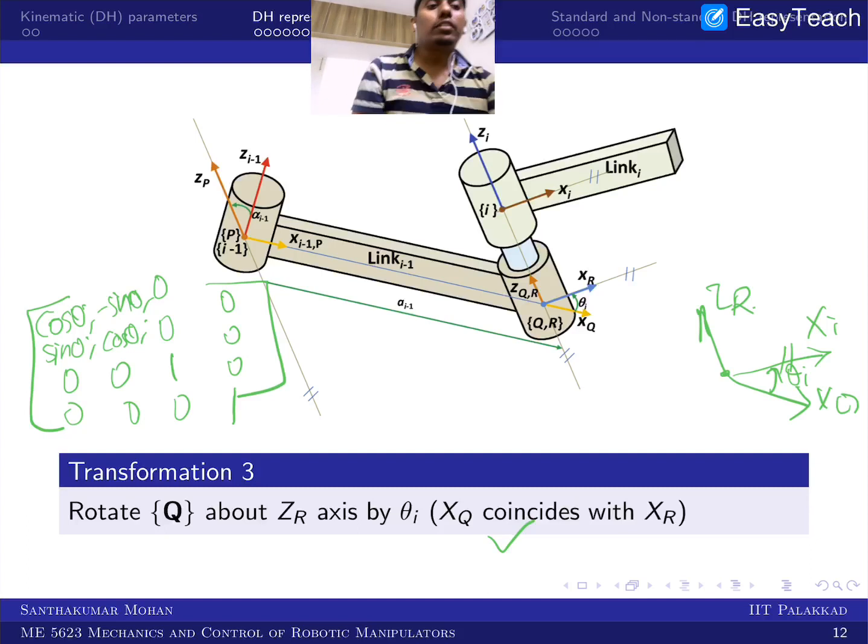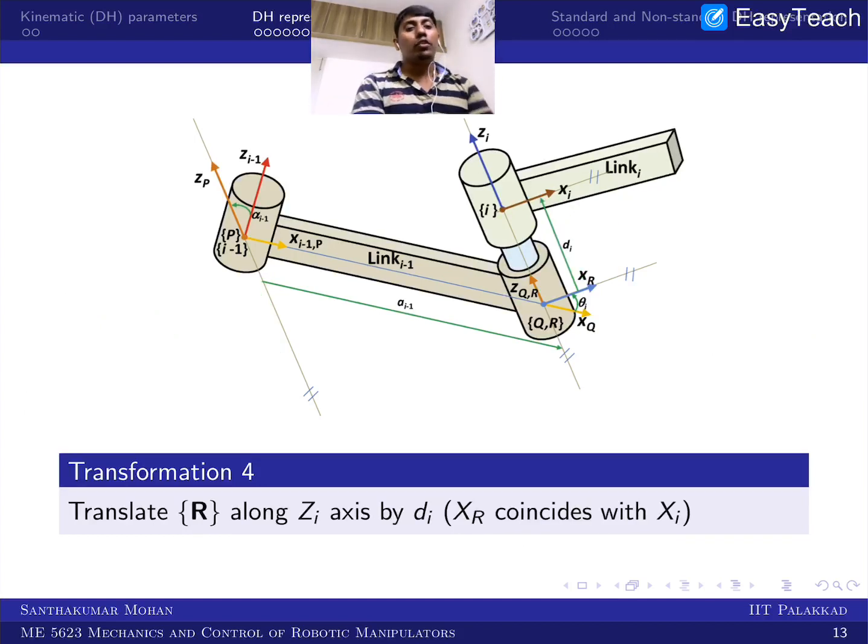But now what is the difference between the q and r frames? It is only rotated about the z axis. Now you can see that xr and xi are parallel, and zi and zr are parallel, but the r frame and the i frame are just offset. So now I can travel up, and that is what I call the joint distance or offset distance. I will coincide with the ith frame.